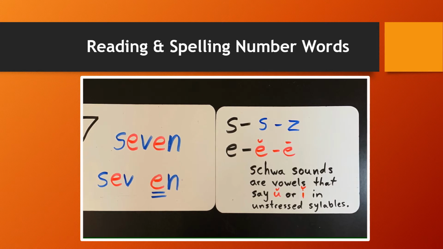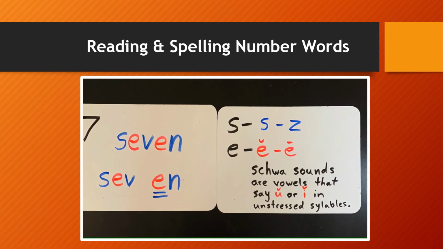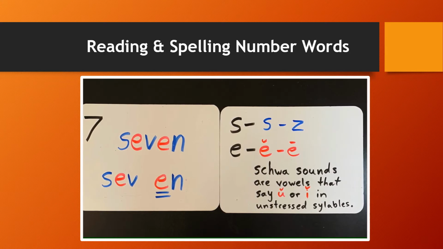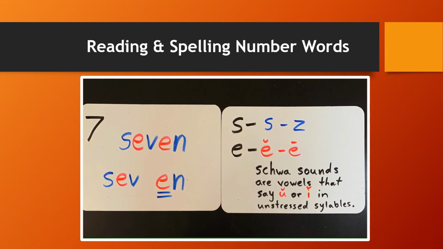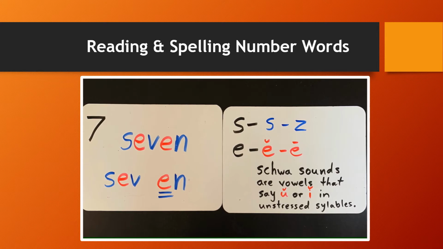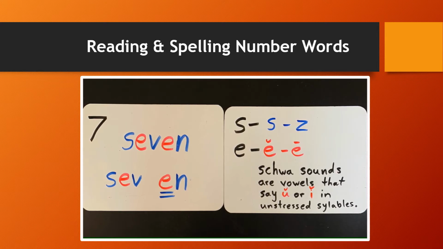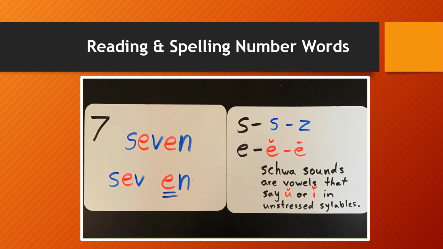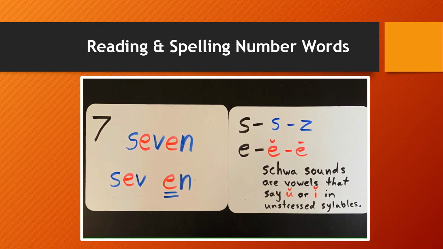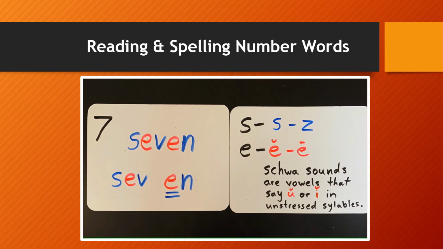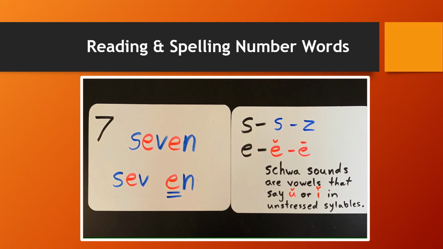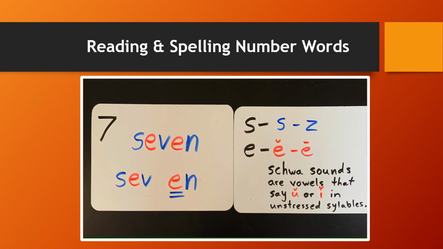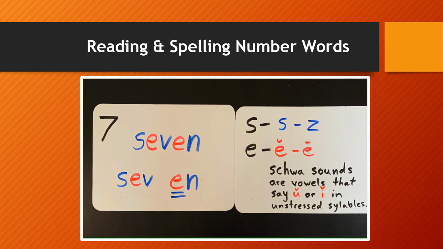So 2 syllables in the word 7, sev, and the E is double underlined because it is a schwa sound. So normally E says or E, but in this case, it is saying its first sound in the first E, but the second E, you can hear the schwa. You can hear a lot of different vowel sounds going on for that second E, which is why it is a schwa sound. So with that one, we're going to double underline it.